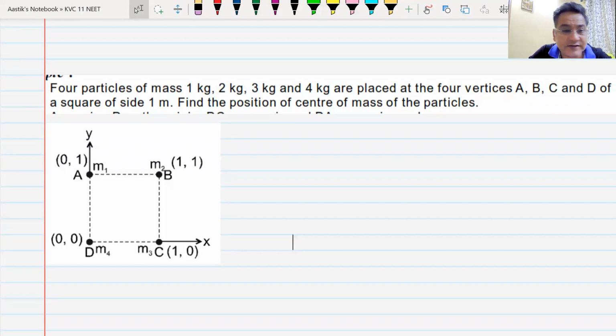Four particles of masses 1 kg, 2 kg, 3 kg and 4 kg are placed at the four vertices A, B, C and D of a square of side 1 meter. You have to find the location of the center of mass, and here this object D is placed at the origin. So that is why I wanted to show you the diagram. I hope you see the diagram now, right? Yes or no? Everyone sees it?